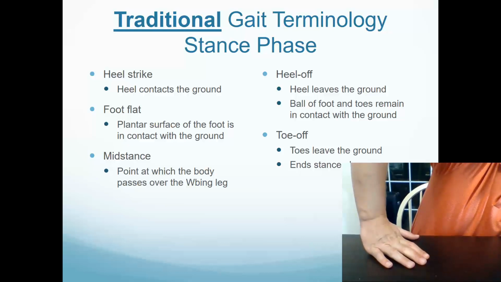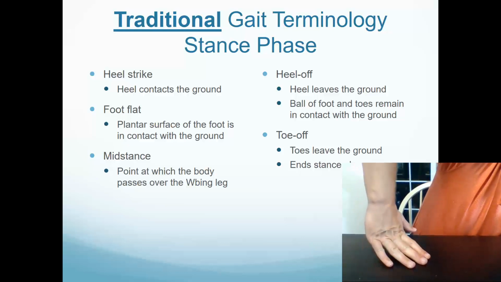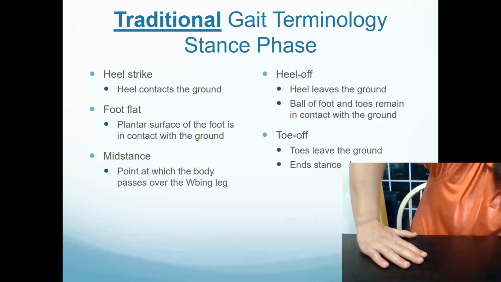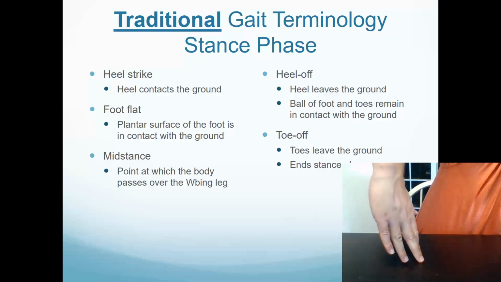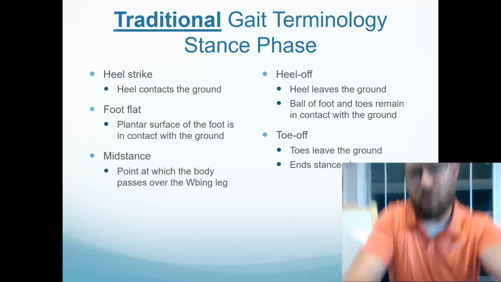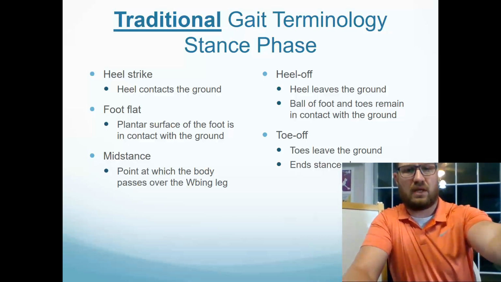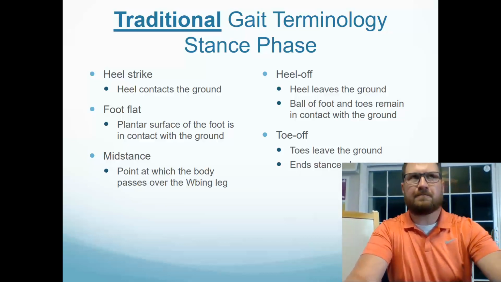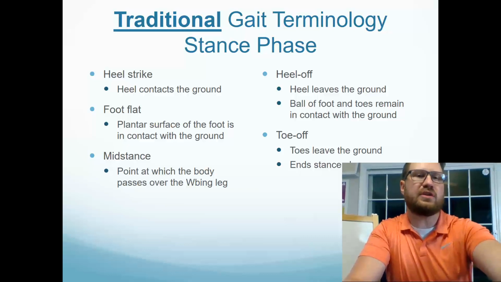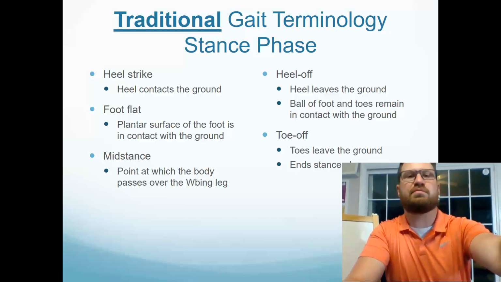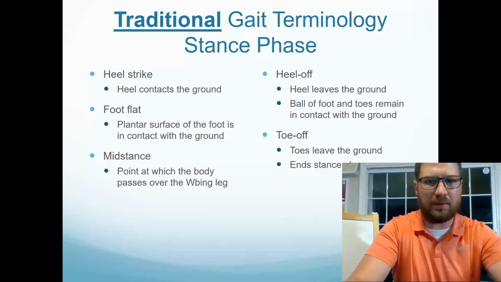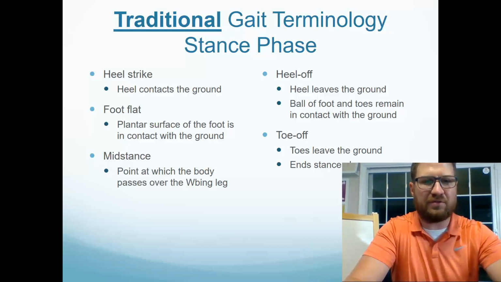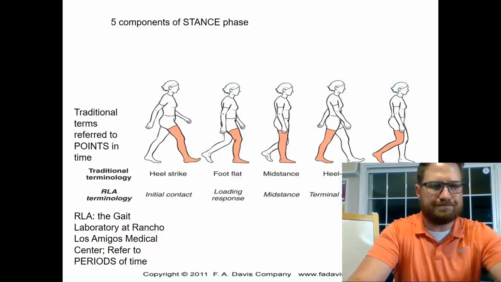Okay, that's heel off. And then toe off is when we're rotating over those toes and they come off. Okay? That's toe off. And so it gives terminology to the observations that you've probably already seen. You've probably heard of heel strike and mid stance before. Those other ones, the foot flat, heel off, toe off, those are kind of the in-betweeners.